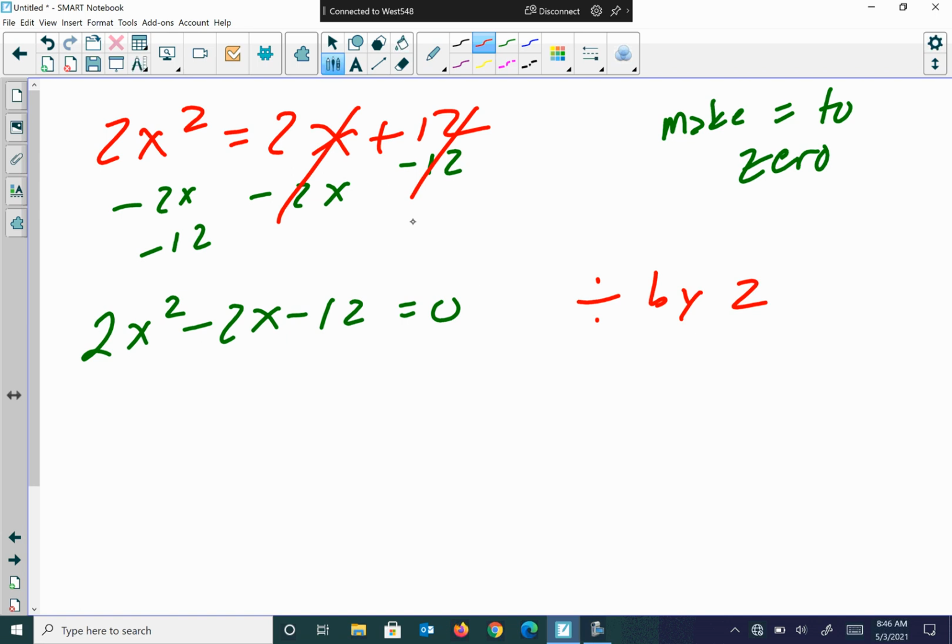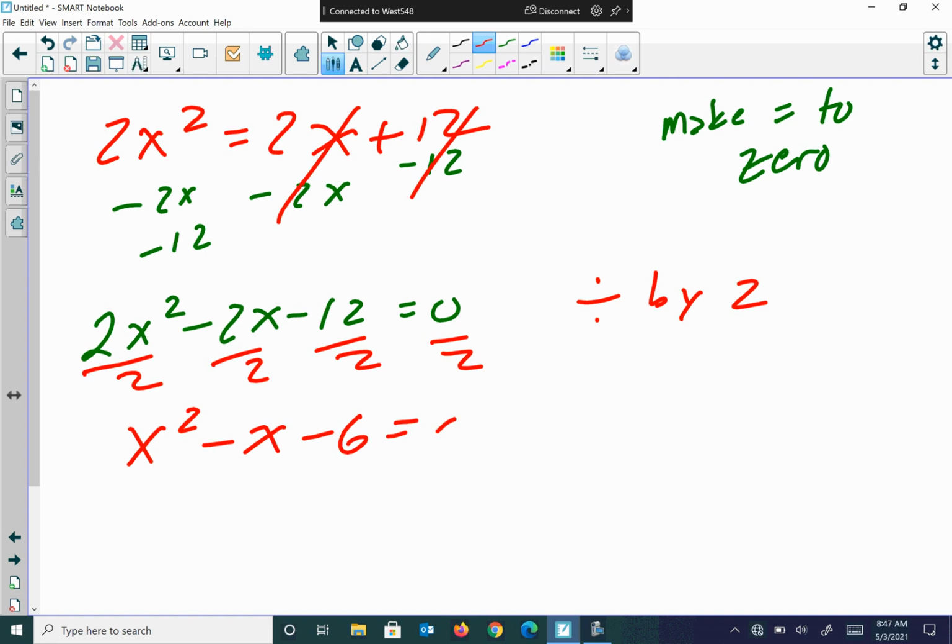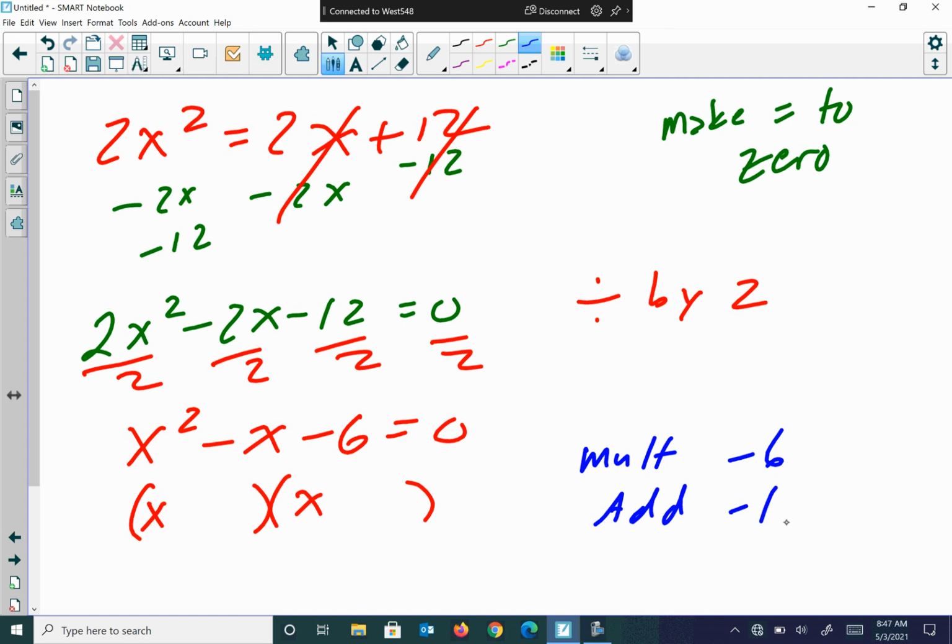I guess I could. You would still have to get it looking like this. But what I'd see here is, look at this. Everything's divisible by 2. And then this becomes a factorable one, I believe. Let's see. Multiply to get negative 6, add to get negative 1.